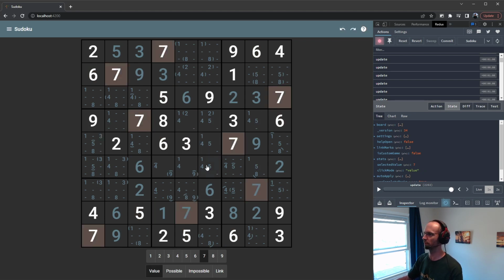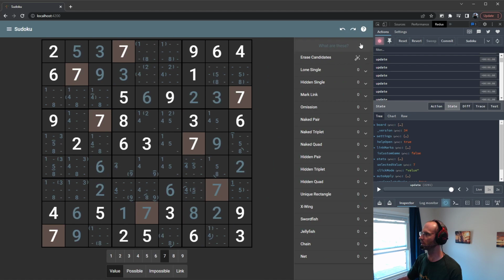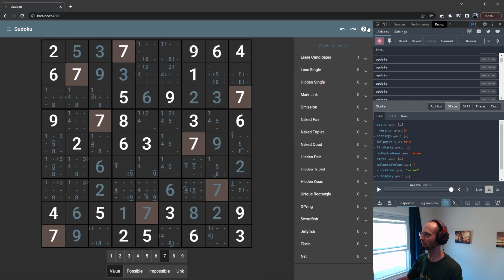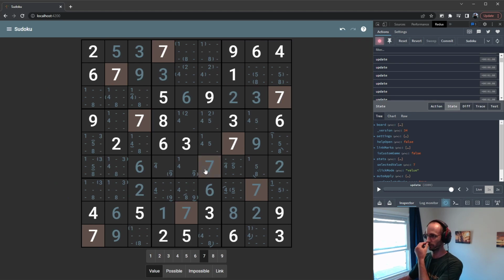Whoa, what was that little flash we just saw? Why did it highlight that 3 momentarily? Oh! I have something marked there. I had a help thing turned on that was flashing around.